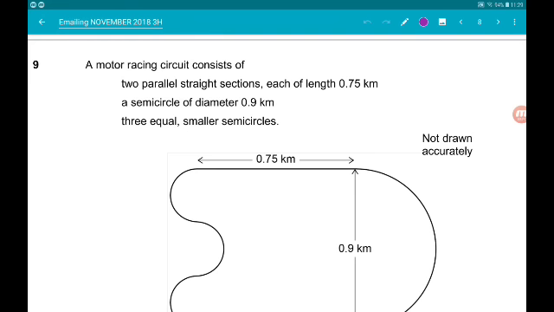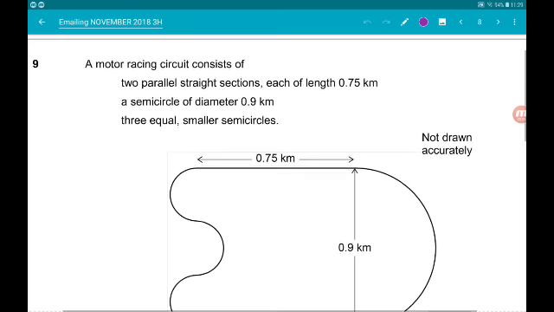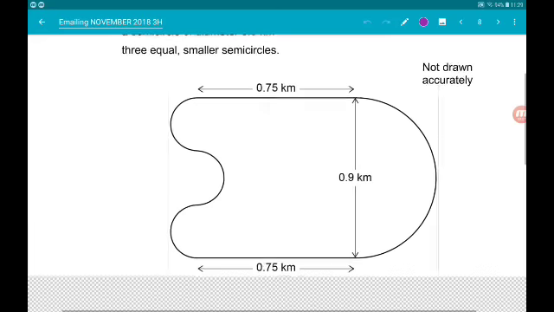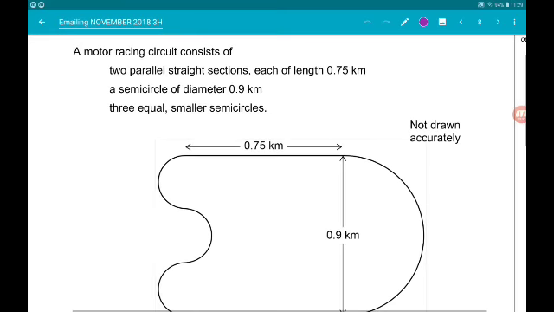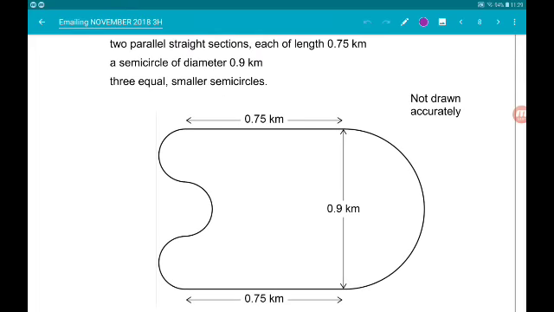5 marks. So, a motor racing circuit consists of 2 parallel straight sections, each of length 0.75 kilometers. So that's this guy on the top and on the bottom. A semicircle of diameter 0.9 kilometers. So that's the right hand side.